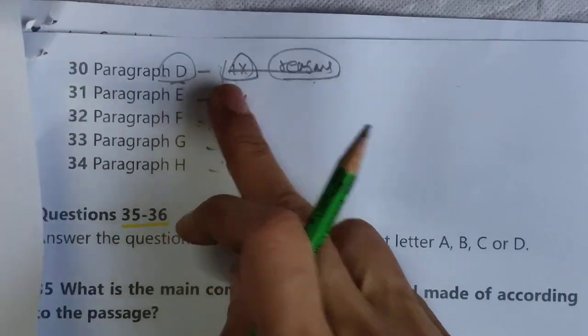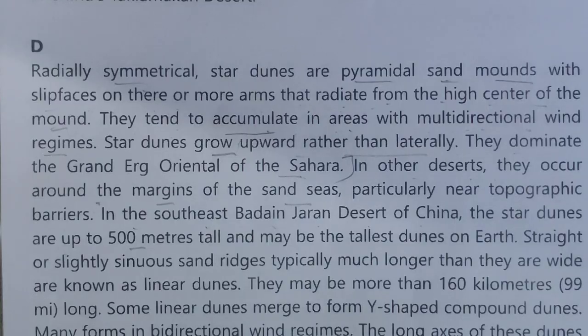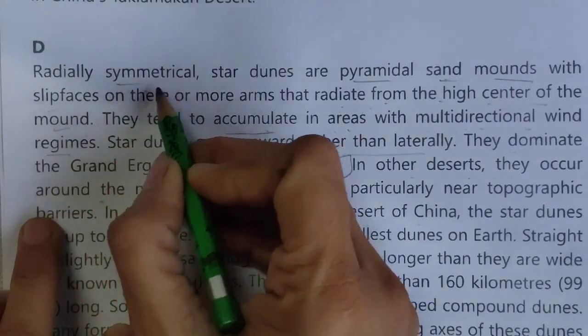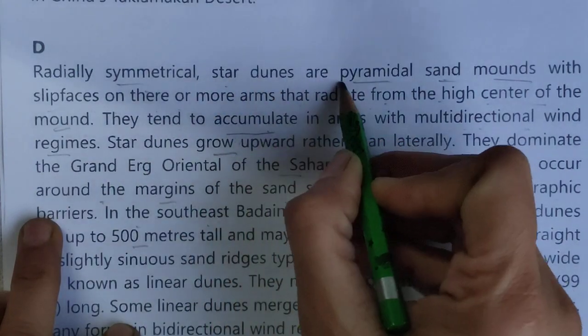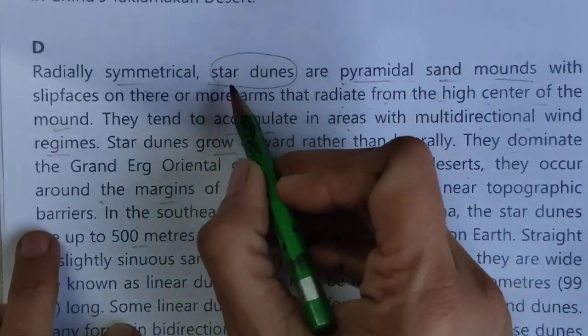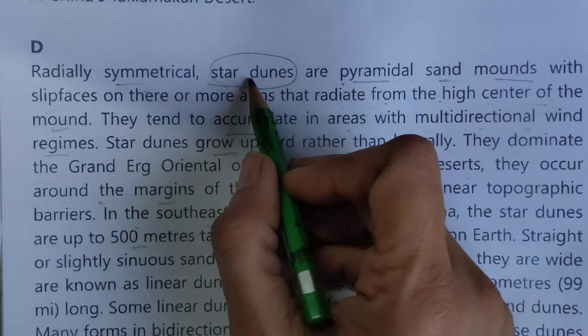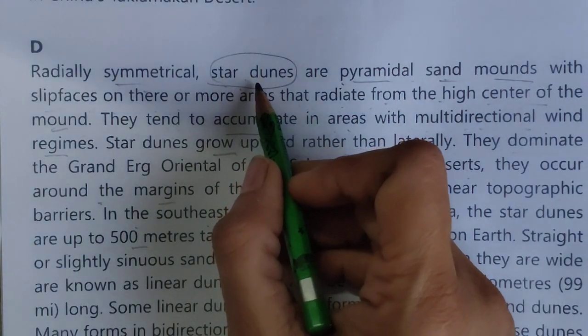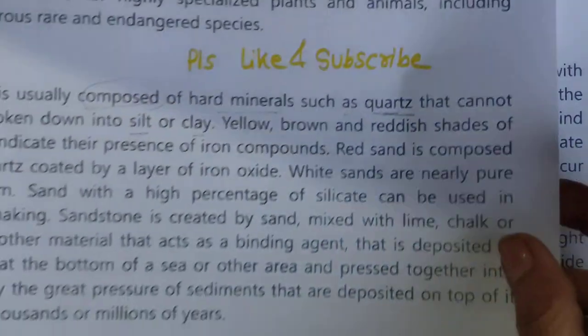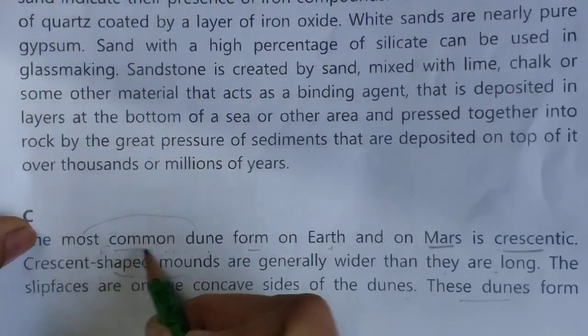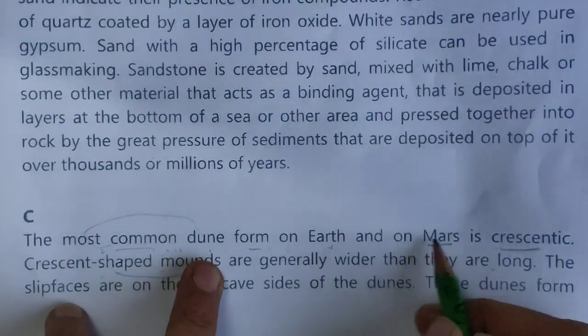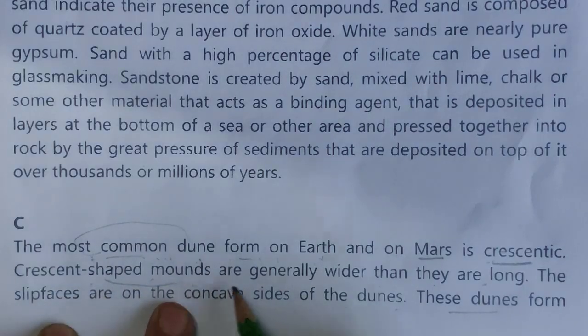Let's read D paragraph again. Radially symmetrical star dunes are pyramidal sand mounds. They are talking about star dunes, and in C paragraph they were talking about something different, that is why we were confused. The most common dune form on earth is crescent-shaped mounds.